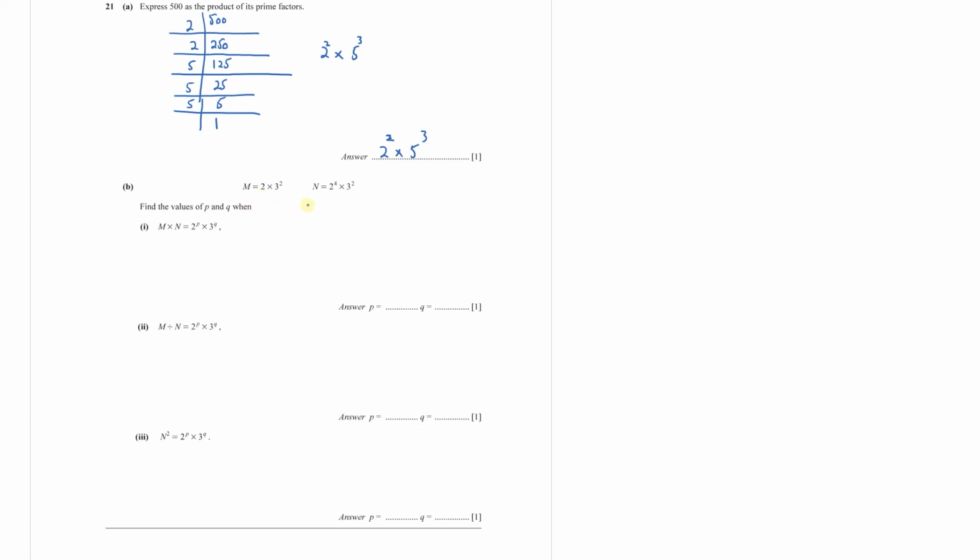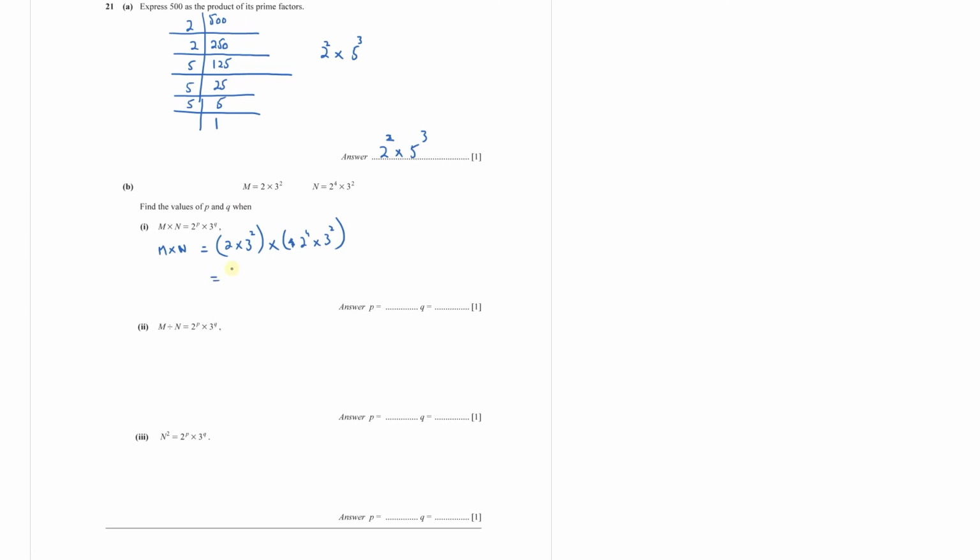So given m and n, again as a product, m given as a product of its prime factors, also similar for n as well. Find the values of p and q when m times n equals 2 power p into 3 power q. So m times n, we can write it as 2 into 3 squared. This is your m. And then you multiply it by n, which is 2 power 4 into 3 squared.